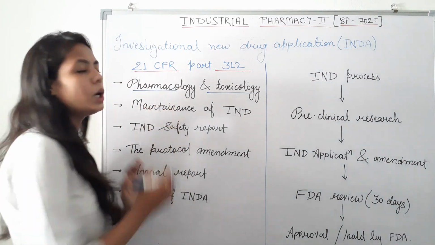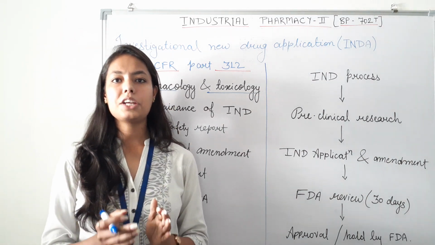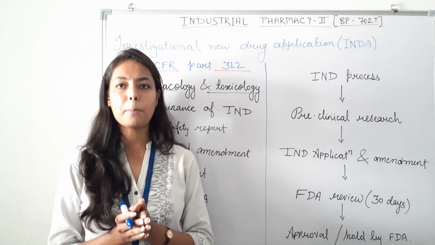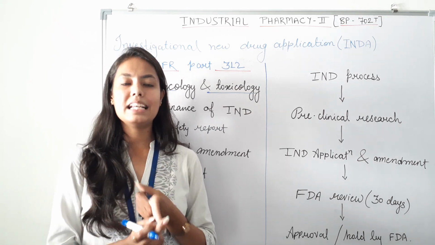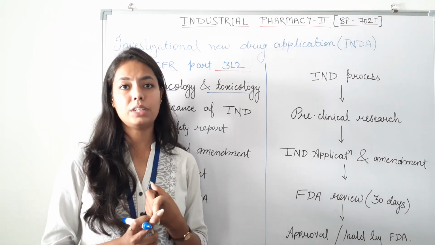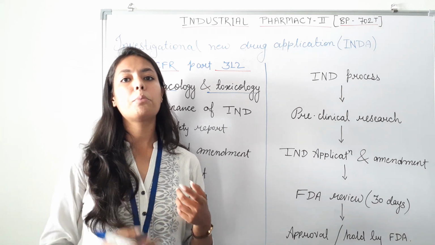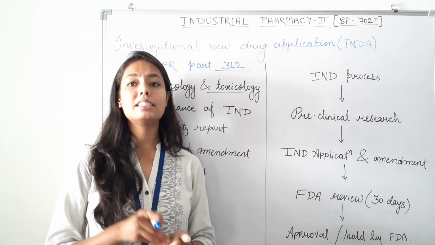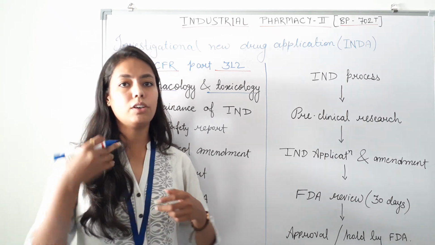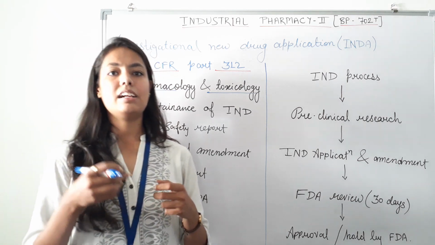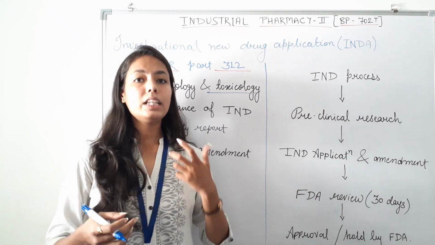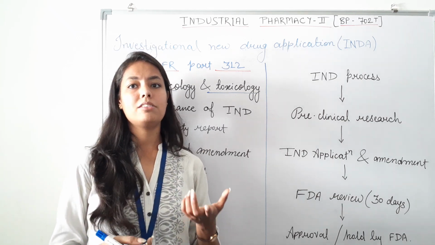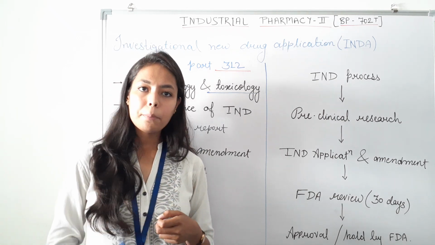The pharmacological and toxicological section should describe the pharmacological effects, mechanism of action and pharmacokinetic profile of that particular drug. In addition, an integrated summary of the toxicological effects of the drug in the preclinical phase that supports the safety of the proposed human investigation should be prepared.